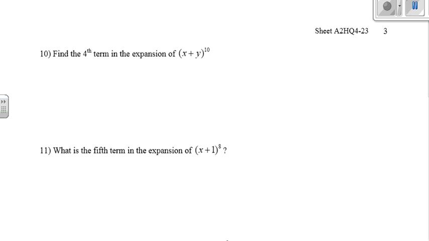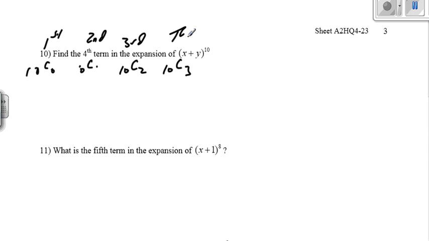So, finding the 10th term, the 4th term, we can again, instead of with 10C0, 10C1, 10C2, 10C3. So, the first term, second term, third term, and this is the 4th term. So, we don't care about any of those, so I'm not going to finish it. This was x to the 10th, x to the 9th, x to the 8th, x to the 7th.